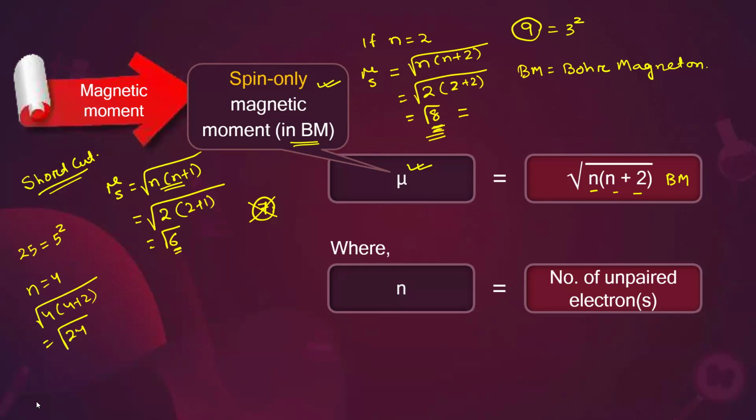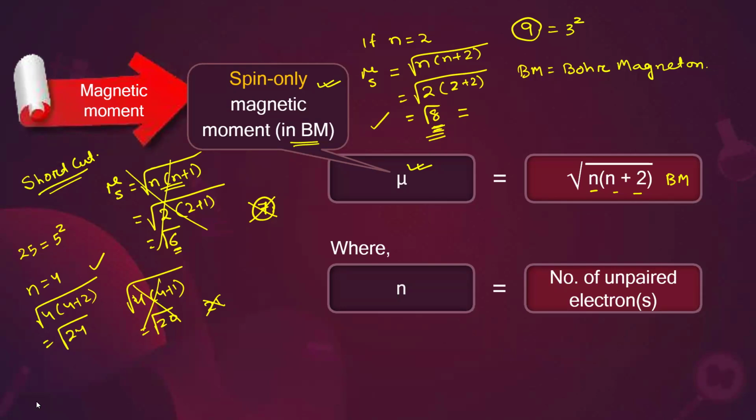But if I am putting in a wrong way, 4 into 4 plus 1, then I will get root over 20. Next digit is 21, which is not an exact square. So you can check whether you are putting it correctly or incorrectly. This is the correct one, but these are the incorrect ones.